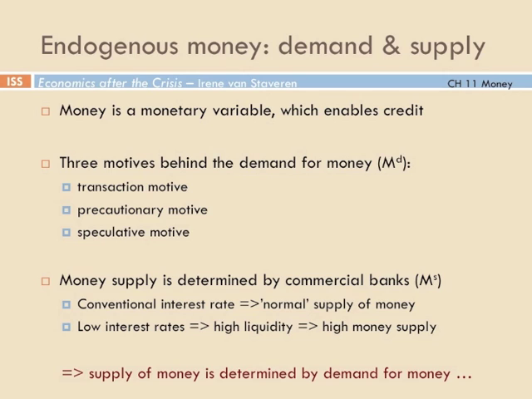The lower the interest rate, the less people are interested in saving money and the more they want to use it, for example, for investment. So in that case, with low interest rate, we tend to see high money supply, in particular for speculative purposes.